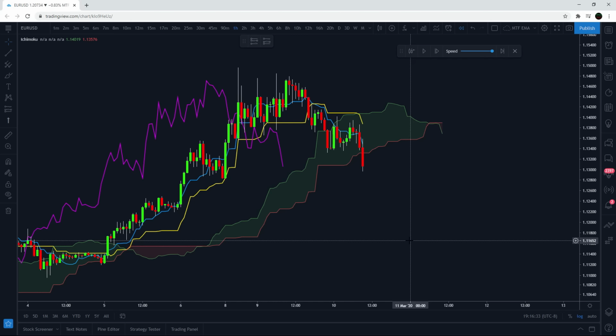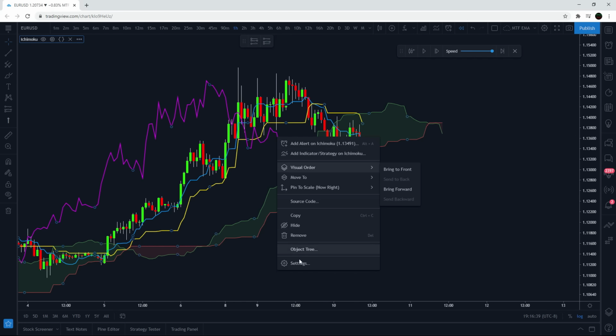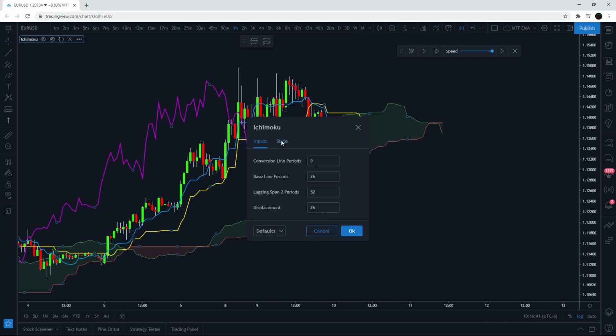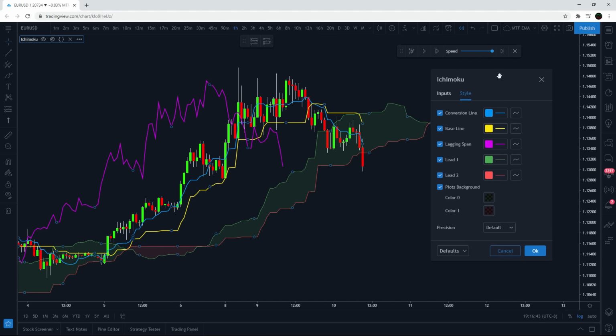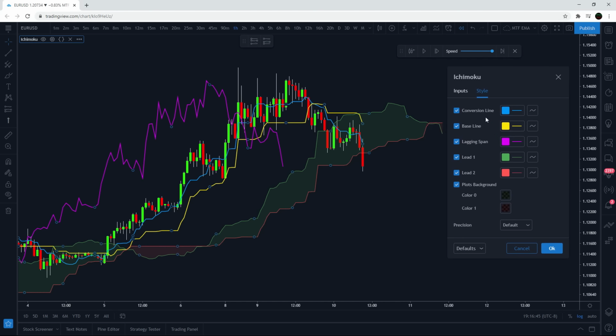Before I go over all the rules for entering a trade, I'm just going to quickly go over the different components of the Ichimoku. So let's go into the settings here and go through each one just so you know what I'm talking about when I'm explaining the strategy itself. So conversion line in blue here, we have the baseline in yellow, the lagging span in purple, which sits 26 periods behind the current candle.